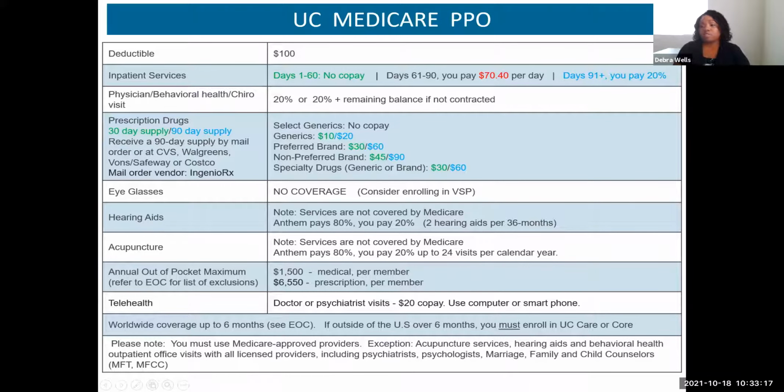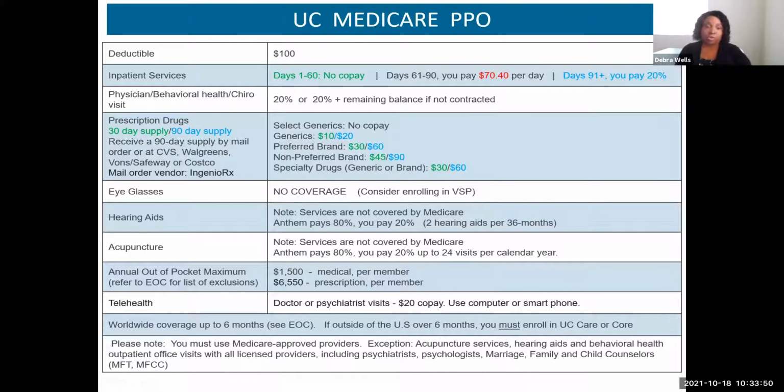There are some services that I like to point out, and that's for your psychiatrists, psychologists, and your marriage and family therapists. Medicare does not cover these types of services, but your supplement plan does. Where I mentioned before that you must use a Medicare provider, these are the only services where you do not necessarily have to use a Medicare provider.